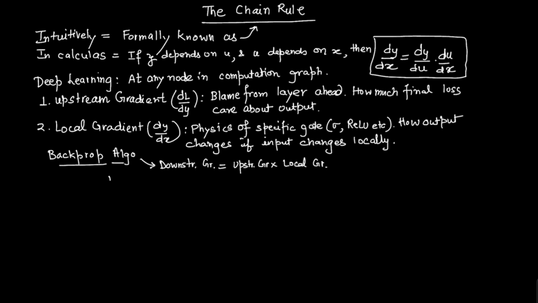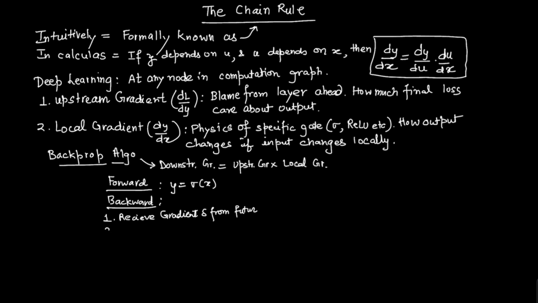Let's apply this to a real neuron activation. We have a forward pass y is equal to sigmoid x. So in the backward pass, we receive a gradient from the future. Let's call it delta. We compute the local derivative of sigmoid. Calculus tells us that the derivative of sigmoid x is equal to sigmoid x multiplied by 1 minus sigmoid of x. We multiply them.